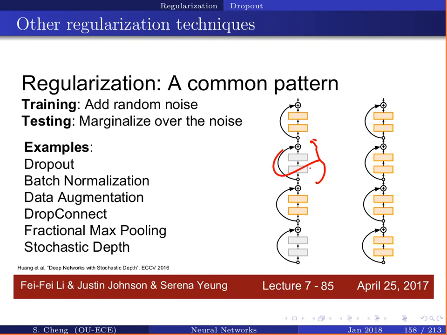This is pretty new work, from 2016, I guess, and there's still lots of ongoing research analyzing this kind of technique. But as I mentioned, along this flavor you can do lots of varieties.